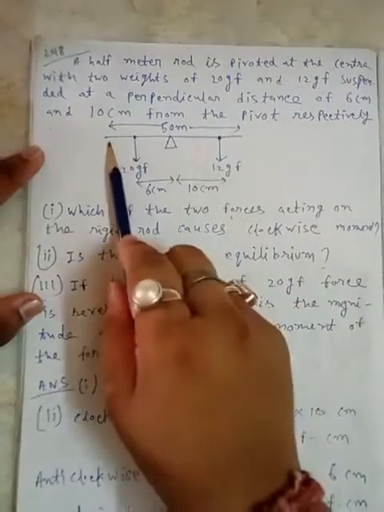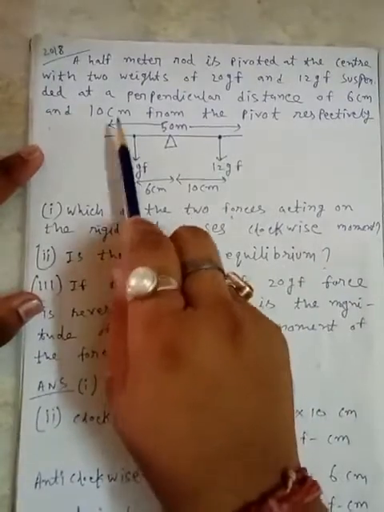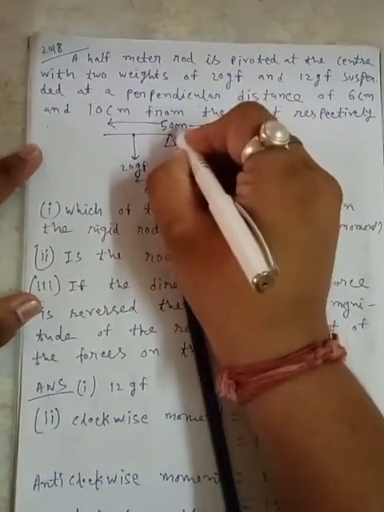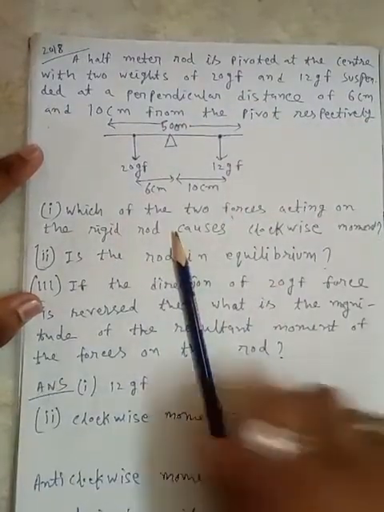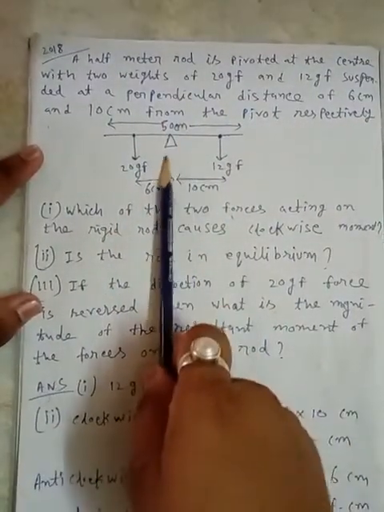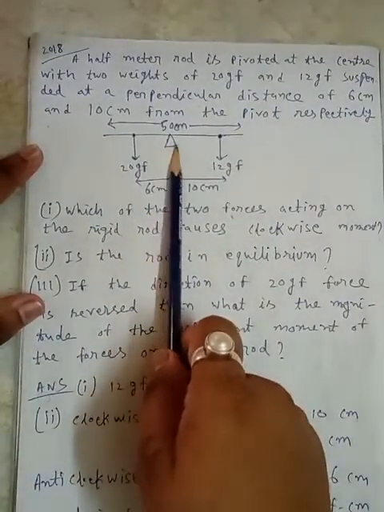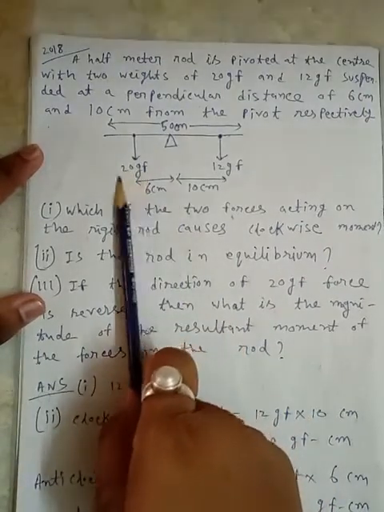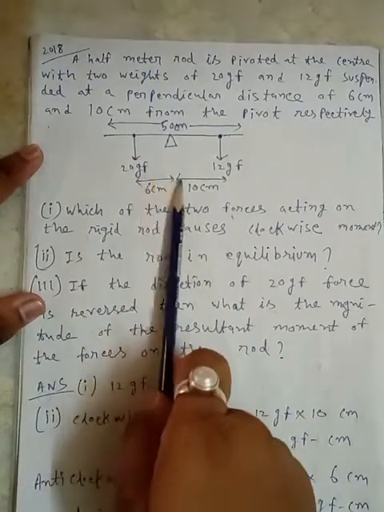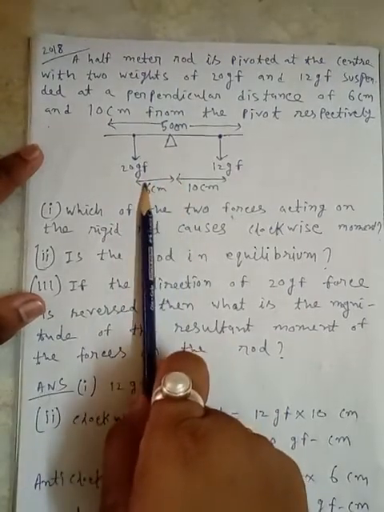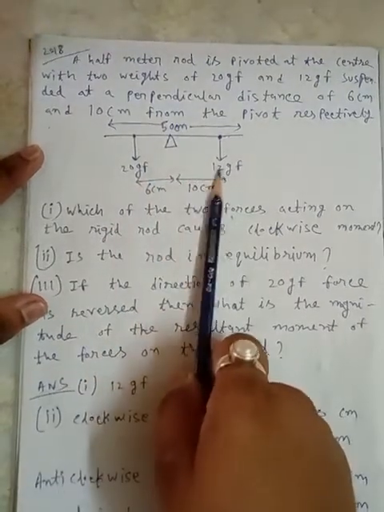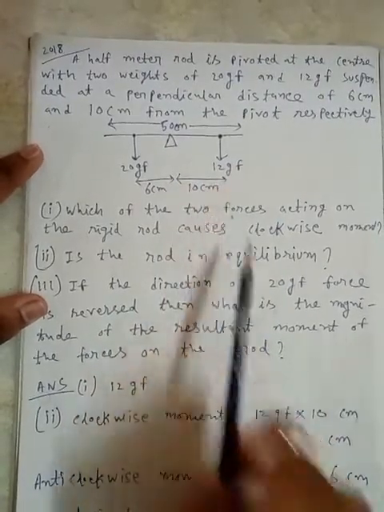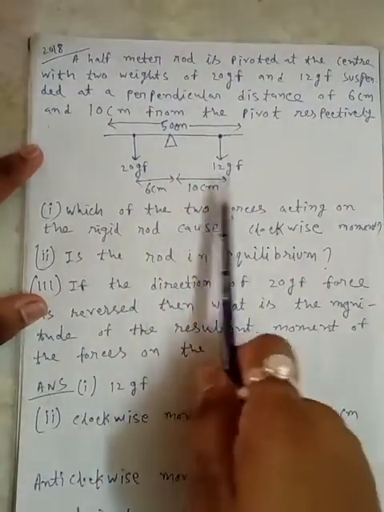Now observe, this is a half meter scale, that means 50 cm, and it is pivoted at the midpoint of that meter scale. Now 20 GF force is acted here at a distance 6 cm from the pivoted point, and 12 GF force is acted here at a distance 10 cm from the pivoted point.